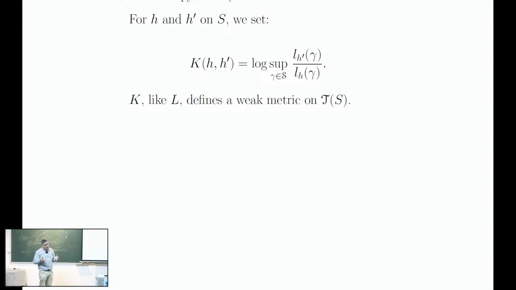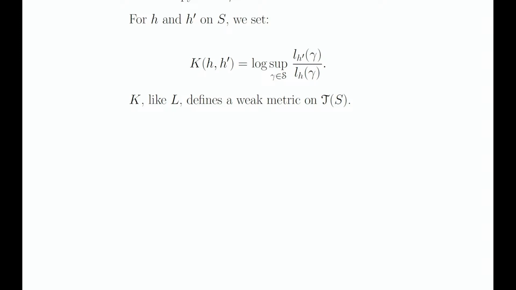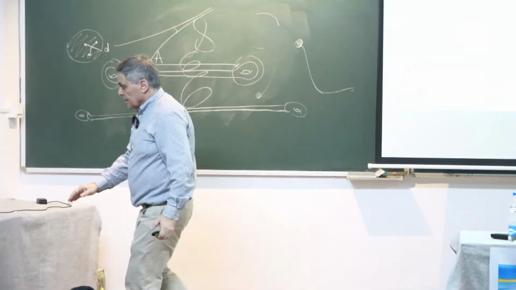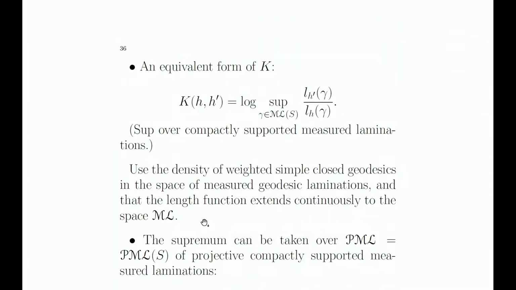Measured geodesic laminations are more general. They are obtained from measured foliations by replacing each leaf by the geodesic which connects the two endpoints, which is the quotient of the geodesic connecting the two endpoints in the lift to the hyperbolic disk, and so on.